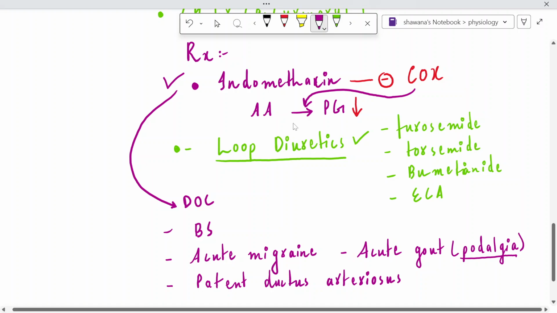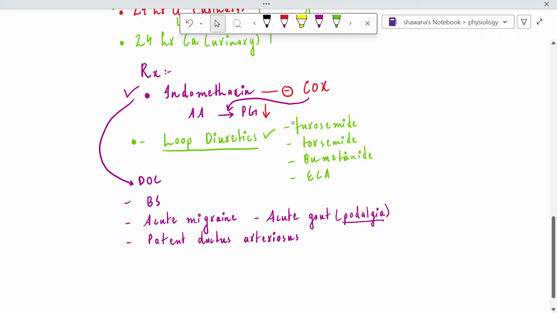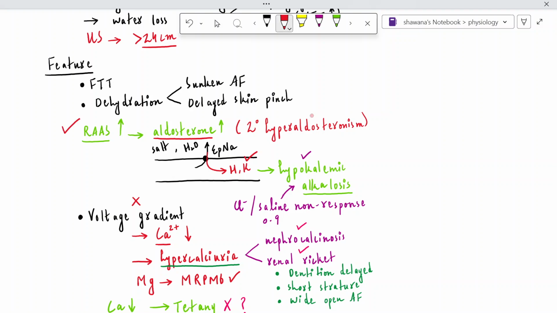And the last thing, does it lead to hypertension? I have a question for you all, does Bartter syndrome lead to hypertension? Because there is activation of the renin-angiotensin-aldosterone system, and aldosterone is functioning for salt reabsorption, water reabsorption.